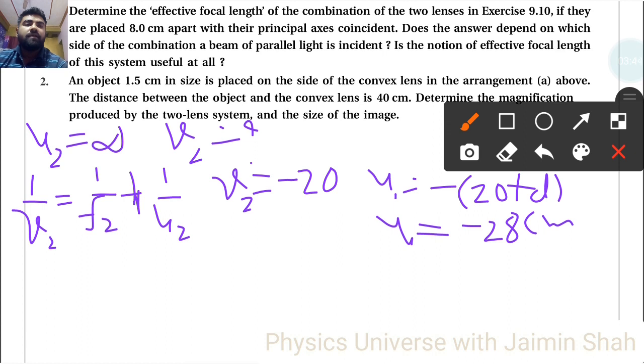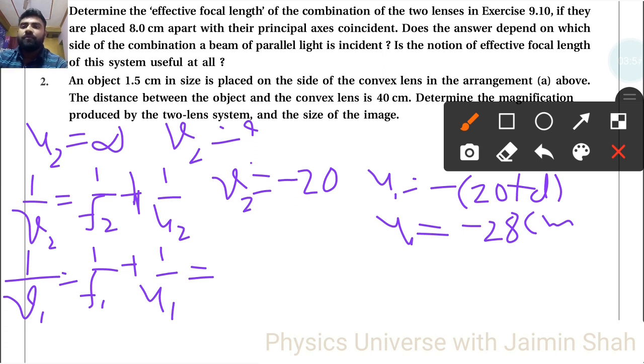Now we have to find v1 also, so 1 upon v1 is equal to 1 upon f1 plus 1 upon u1, so 1 upon 30 minus 1 upon 28.